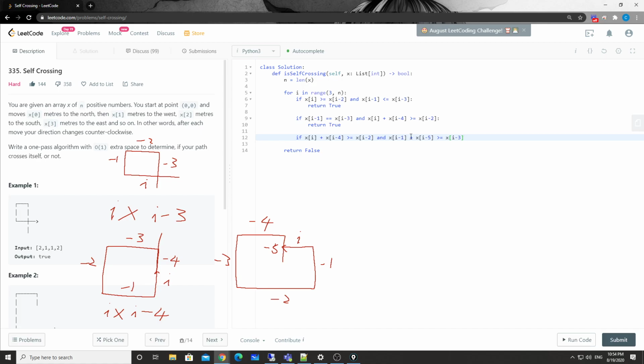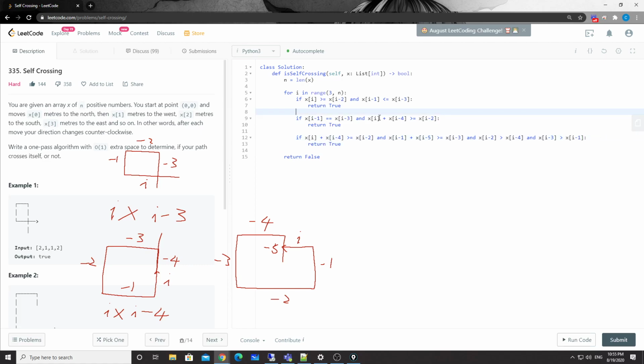And there are two more conditions. Basically, xi minus 2 has to be greater than xi minus 4, right? So this two has to be greater than 4, and the same thing for the left and right. And xi minus 3 has to be greater than xi minus 1. And then we return true here.